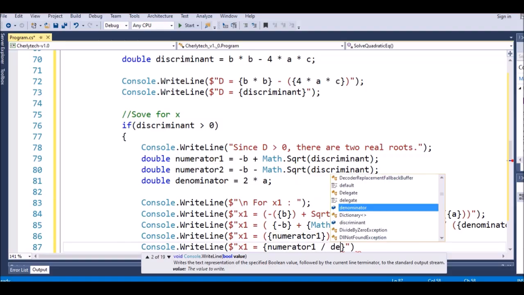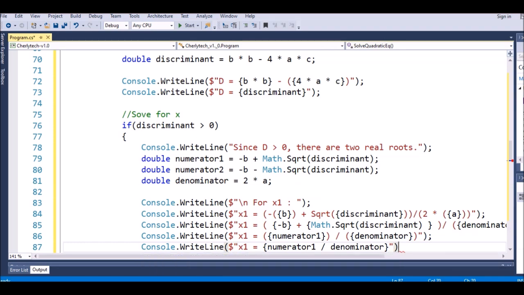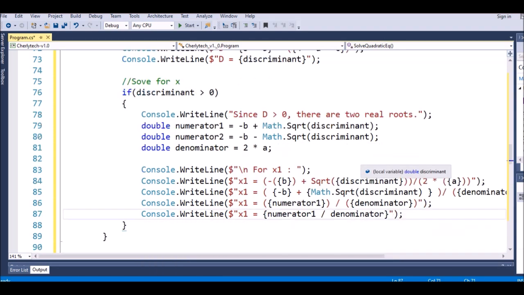Multiply the denominator. This one we don't show, we just calculate, so we don't use the other. So we use, okay.